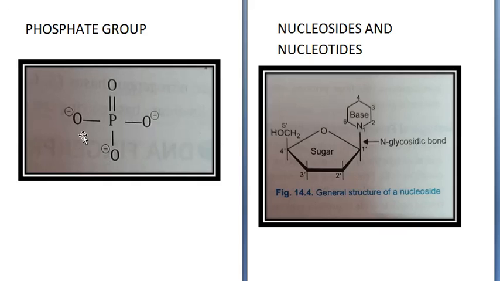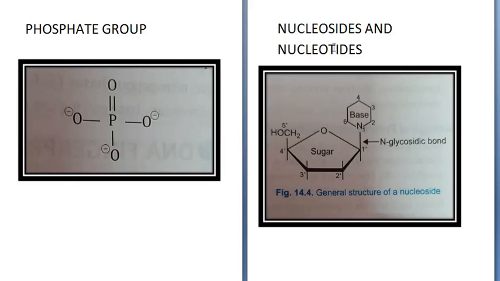Till now you were studying about nucleotide, which contains nitrogenous base, pentose sugar and phosphate group. Now nucleoside has only two components, pentose sugar and nitrogenous base. Phosphate group is absent in nucleoside, but it is present in nucleotide.